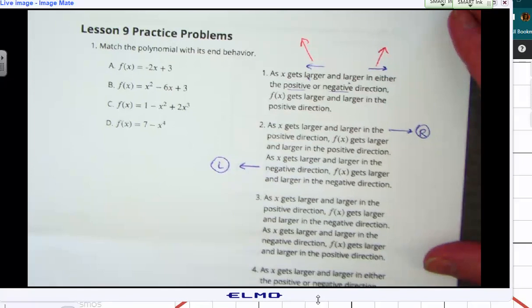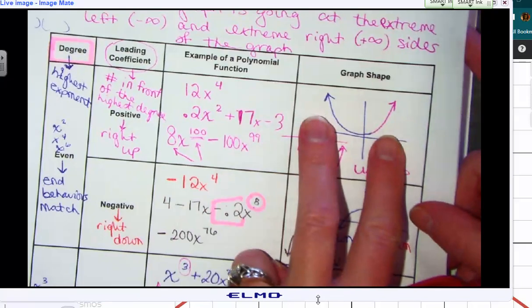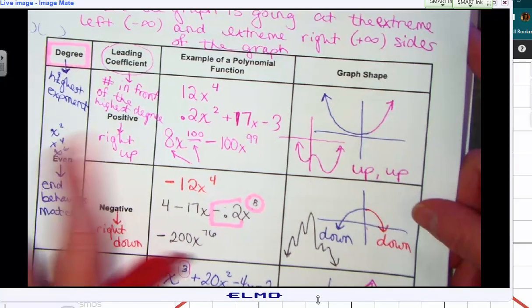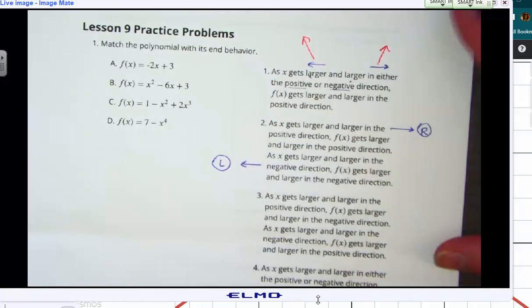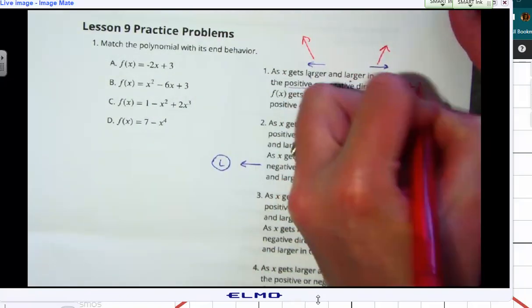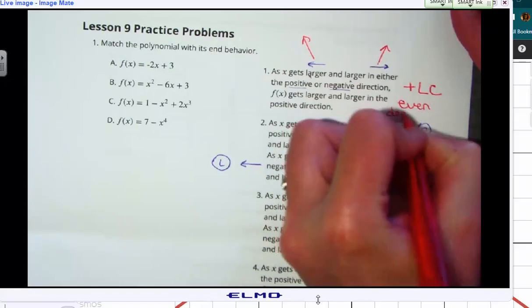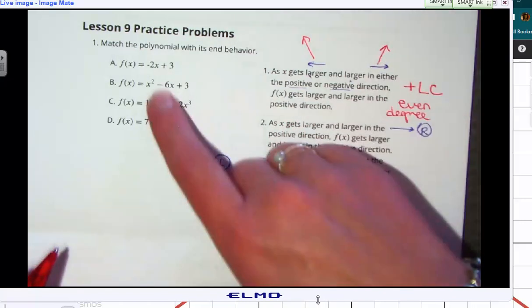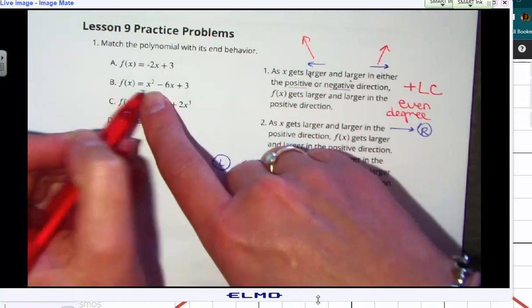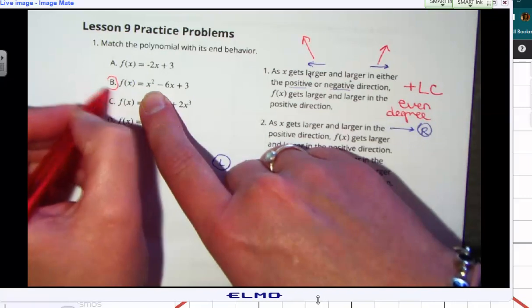I'm going to look at my nifty chart and I see that up end behavior is an even degree and a positive leading coefficient. So I'm looking for things with a positive leading coefficient and an even degree. That would be B, would match that.